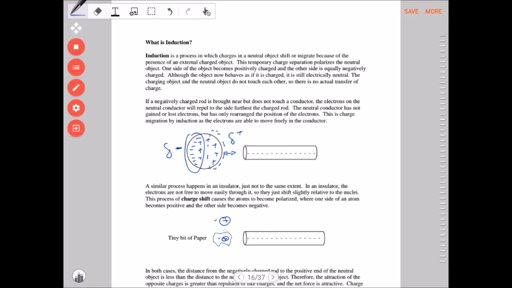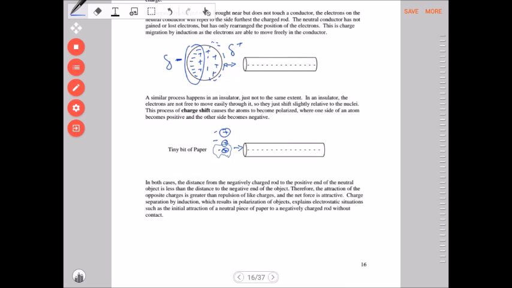Okay, so all the protons are on the right-hand side, and all the electrons are on the left-hand side of the atoms, and even though it's not a charge migration like before, we get a charge shift. Okay, and anyways, the end result is the positive side of the atoms is still attracted to that negative rod, and that's why a negative rod will attract a tiny bit of paper, even though the paper is still classified as an insulator.